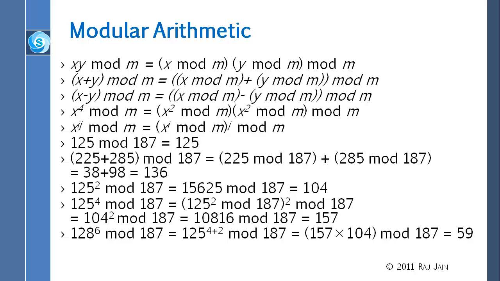Remember, since 7 times 7 is equal to 1, 1 upon 7 is equal to 7. Make sense? In mod 8 arithmetic, 7 times 7 is equal to 49, equal to 1. Forget the 49 part. 7 times 7 equal to 1, so 1 upon 7 equal to 7.